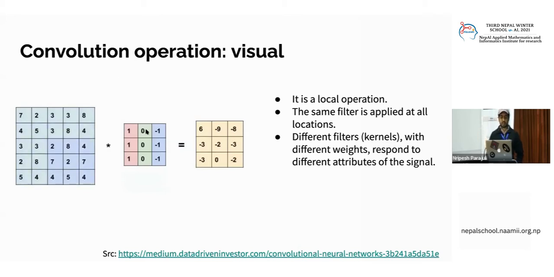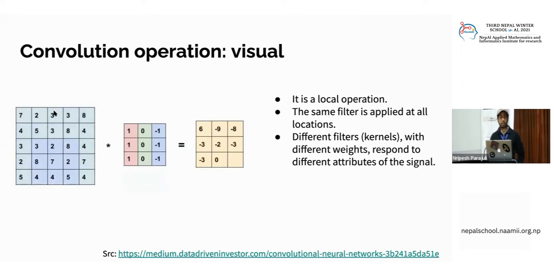So let's say we have this filter of this shape: 1, 1, 1 and -1, -1, 1 and 0. When this cross correlation is happening, let's say we're just focusing at the top left corner. It is being cross correlated with the first patch, which shows 7, 2, 3, 4, 5, 3, 3, 3, 2.